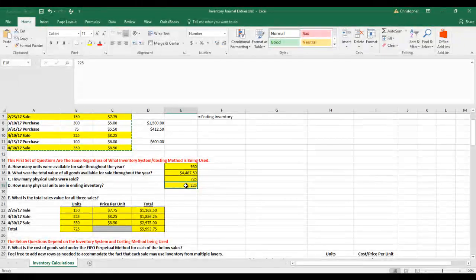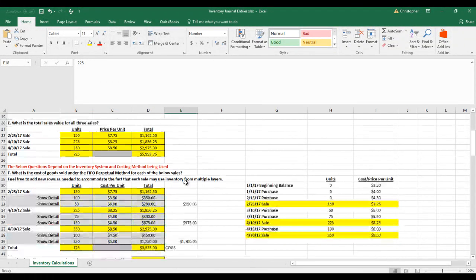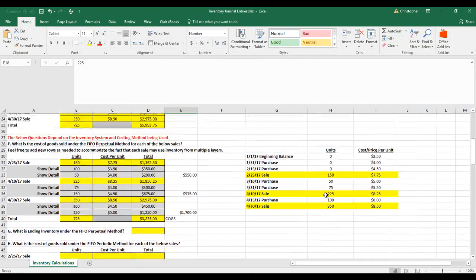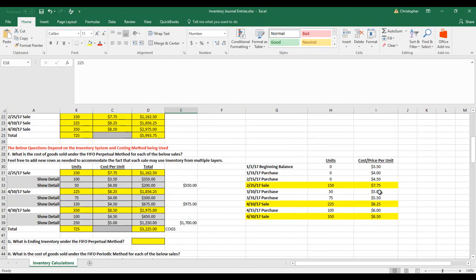There should have been 225, so we are right on track. But we want cost. So what we would do there is multiply the remaining units by their corresponding cost, and you end up with $1262.50.